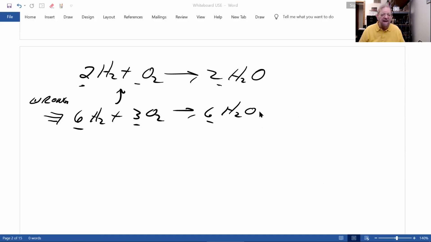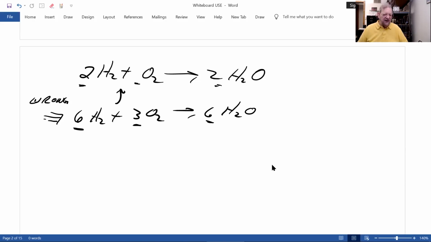All right. The convention chemists use when balancing a chemical equation is, if you can divide all the coefficients by the same number and get a whole number, then you should. And you keep on doing that until you get an equation where you can't divide all the coefficients by the same number and get a whole number.